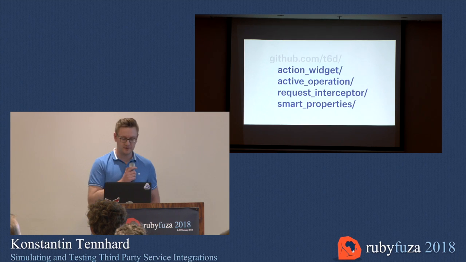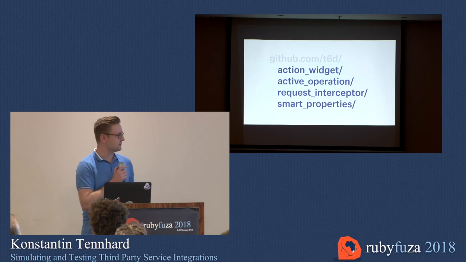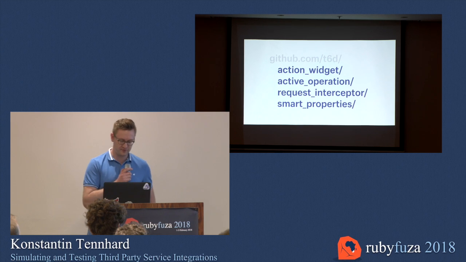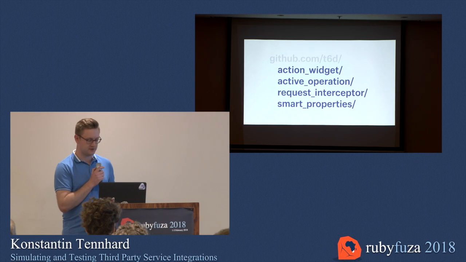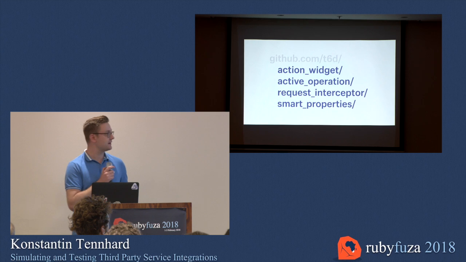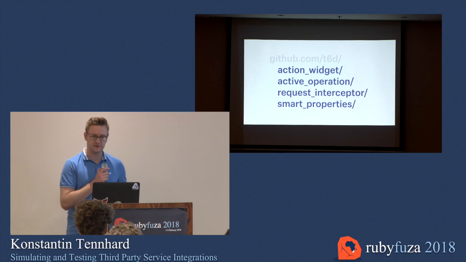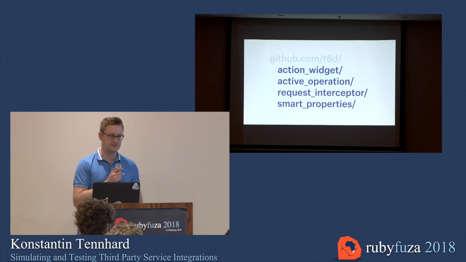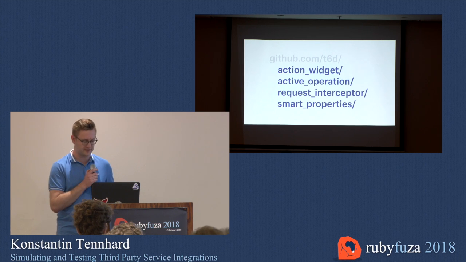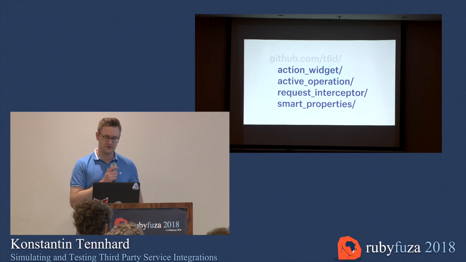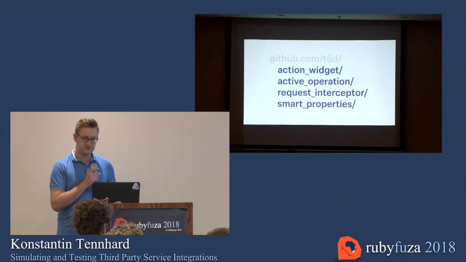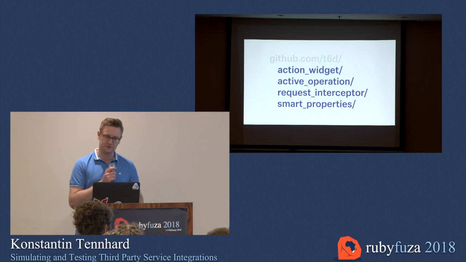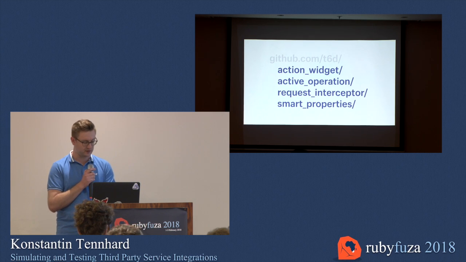There's really 4 libraries that I currently maintain that are of value to know from a Ruby development perspective. There's Action Widget, which is a lightweight widgeting system for Ruby on Rails. There's Active Operation, which allows you to break down your Rails application into business processes to extract some of the logic out of the model layer.